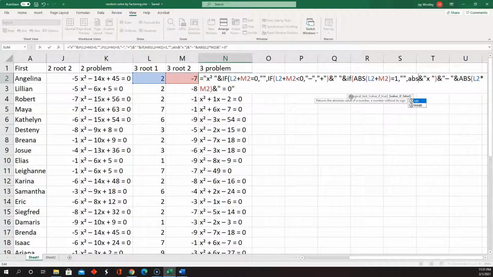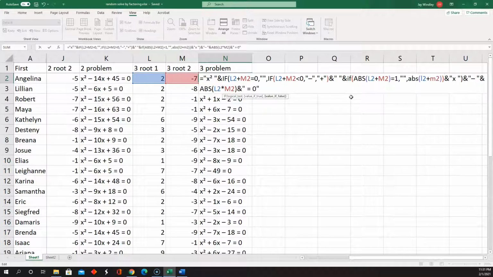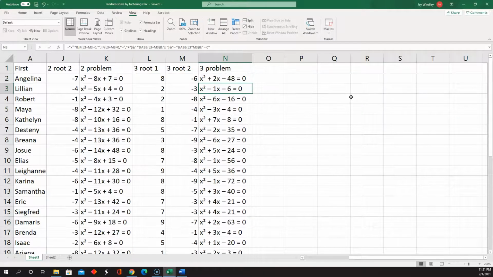Otherwise, we're going to print the absolute value of the sum of those two numbers. I know that seems a little bit redundant, but that's what we want to say there. So if the absolute value of the sum is 1, that means the sum was either 1 or negative 1, then we're going to print nothing in front of the x. Otherwise, we'll print the absolute value of the sum in front of the x.